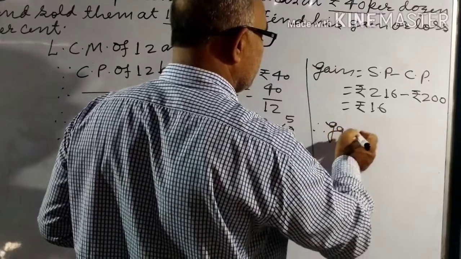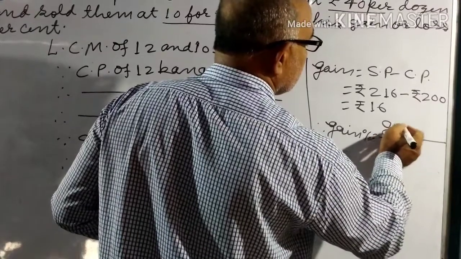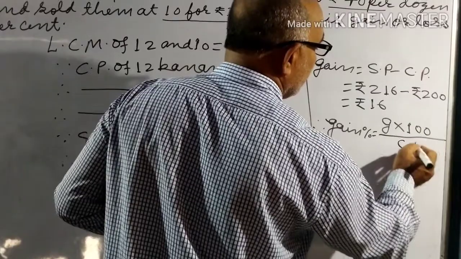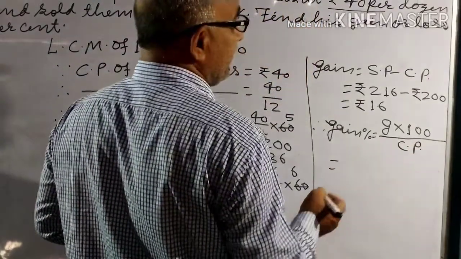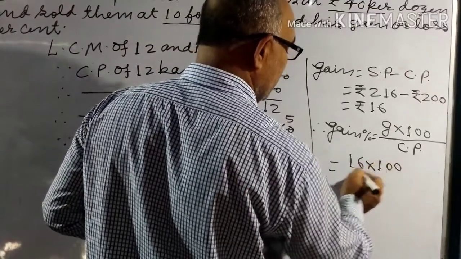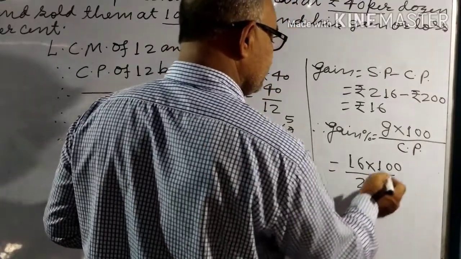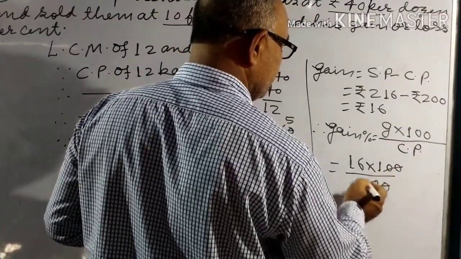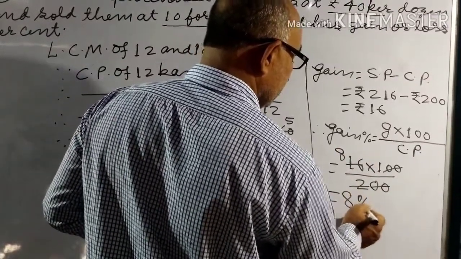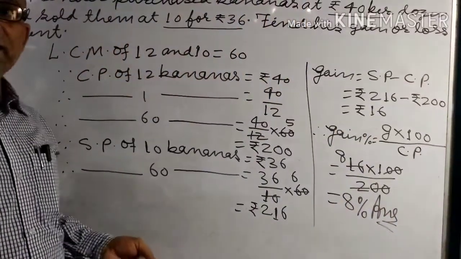Now gain percent equals gain into 100 by CP. So gain percent equals 16 into 100 by CP 200, which is 8%. Answer of this question. Understand and write it.